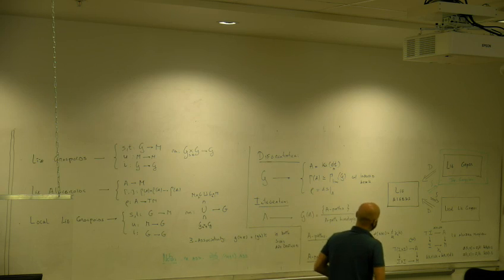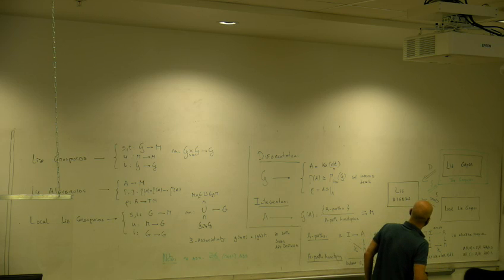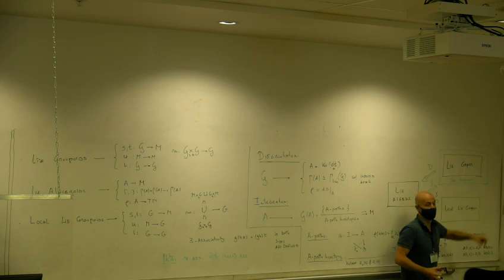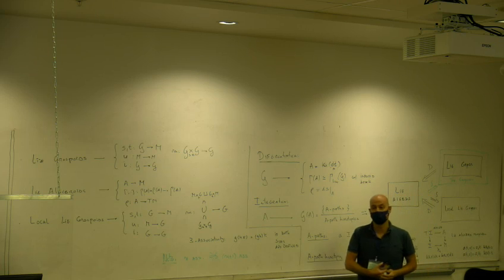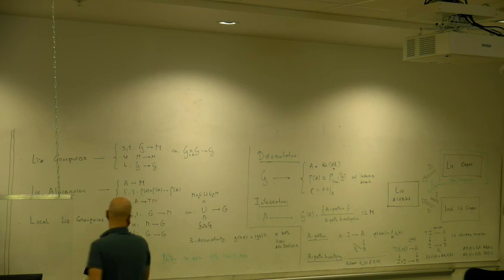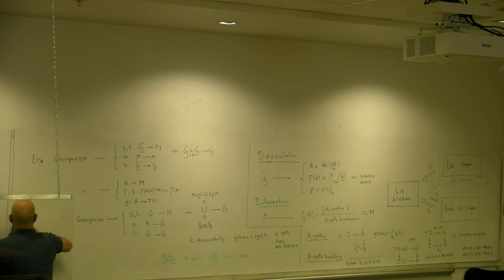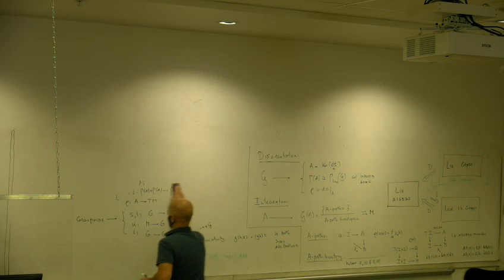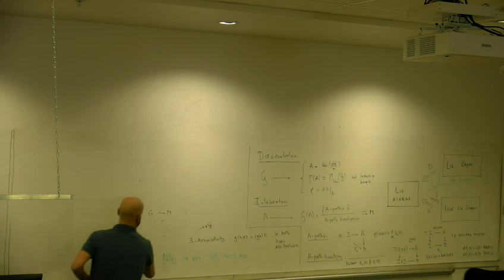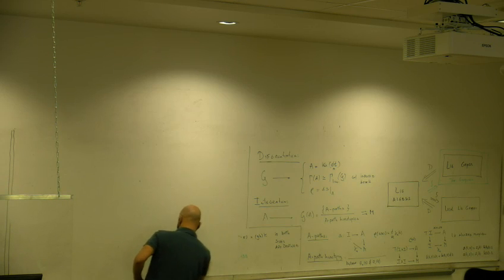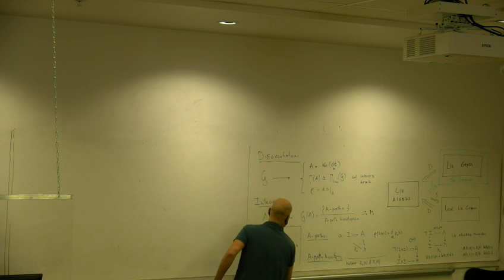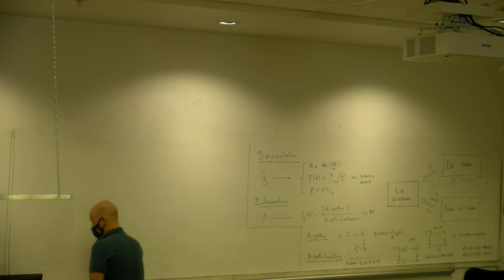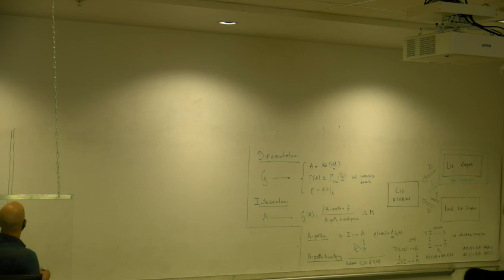Okay, so there are some relations between our characters. There is one more relation that I want to describe, which is from local Lie groupoids to groupoids. If I start with a local Lie groupoid, I can attempt to make it into a global groupoid.